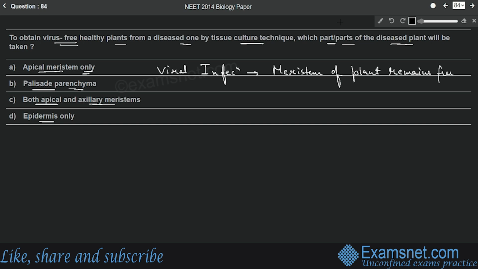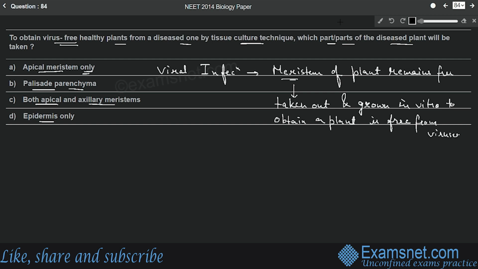So this meristem is taken out from the plant and grown in vitro to obtain a plant that is disease free, or free from viruses.